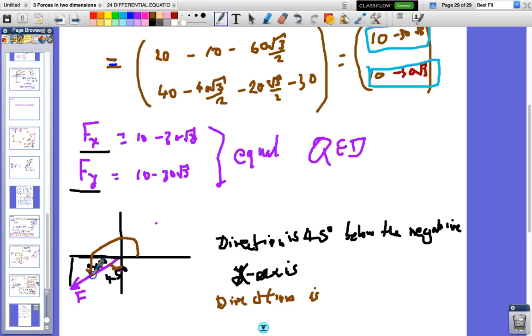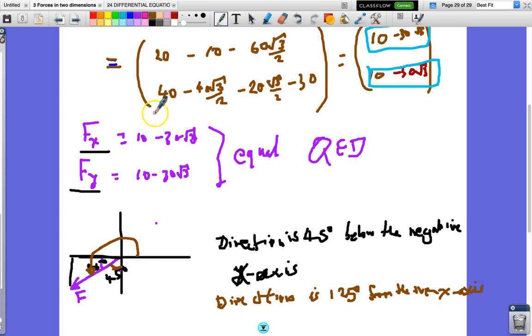So it's 180 plus 45, so direction is 225 degrees from the positive x-axis.